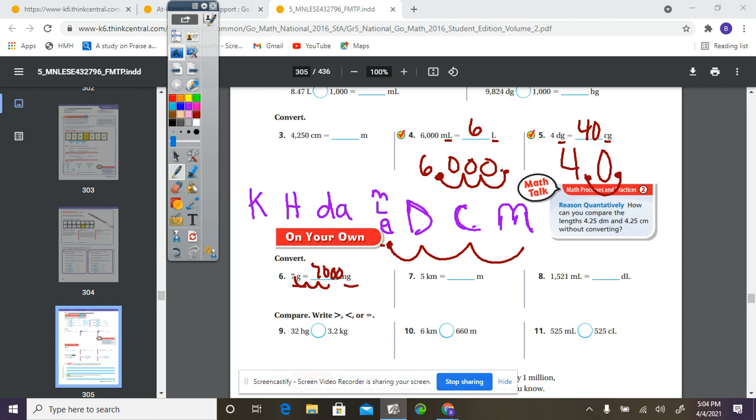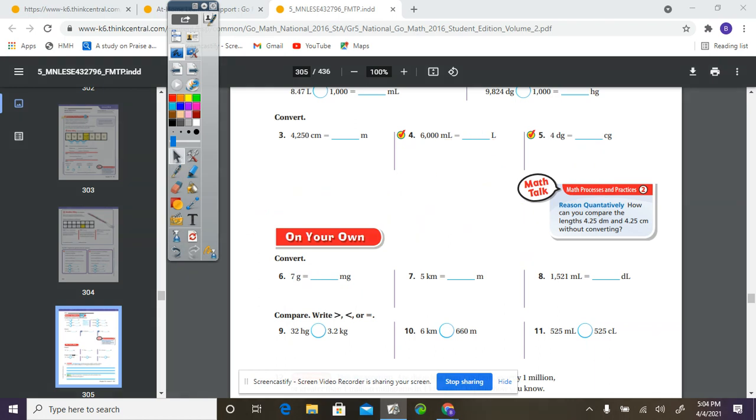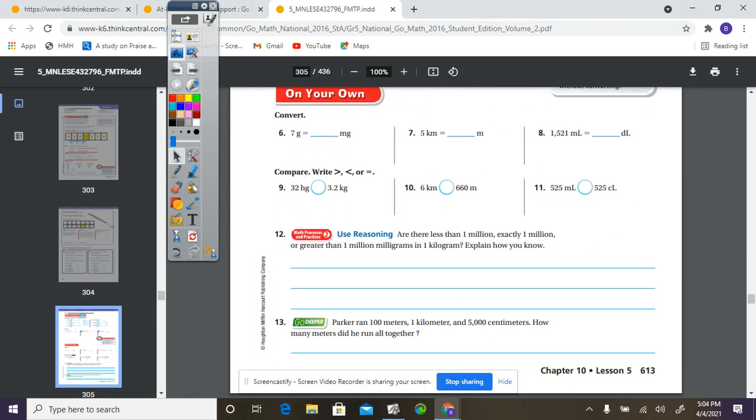When you get down to number 9, you are once again wanting to compare apples to apples, or comparing the same units to the same units. So we have to convert one of the two. So if I have kilo, hecta, deca, base, which is meters, liters, grams, deci, centi, milli, and I have hectograms here and kilograms here, I need to convert one of those to make them the same thing.